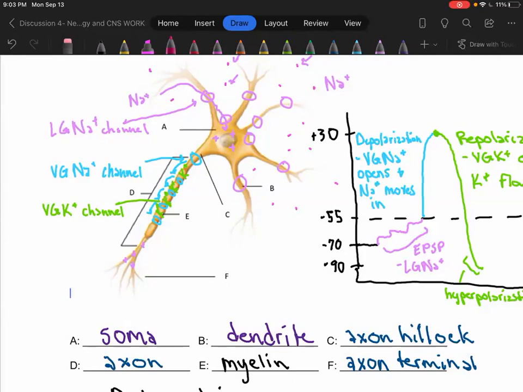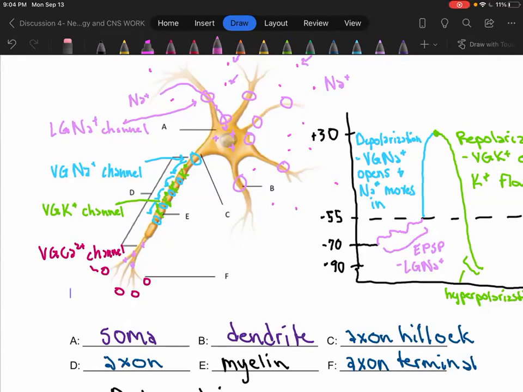That positive charge down in the axon terminals is going to cause voltage-gated calcium channels to open. And that's again because of that change in voltage from that sodium moving down the axon.